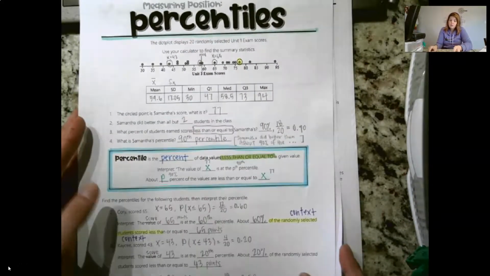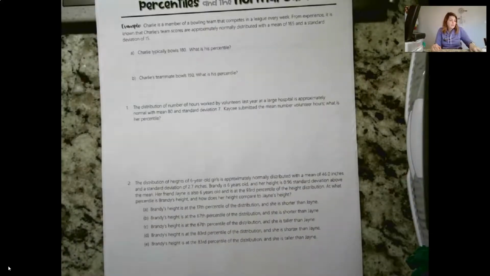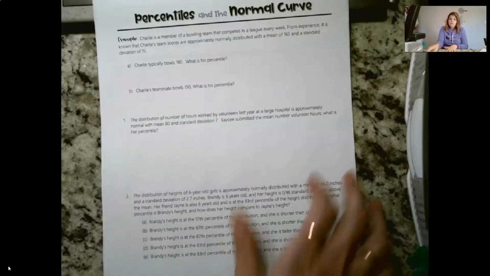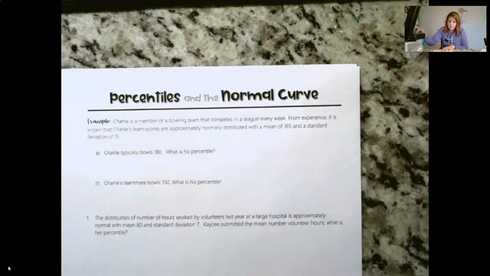Where we're going to use percentiles the most is with the standard normal curve, but before we get there, let's relate percentiles to the standard, not the standard teacher, the normal curve. So Charlie is a member of a bowling team that competes in a league every week.